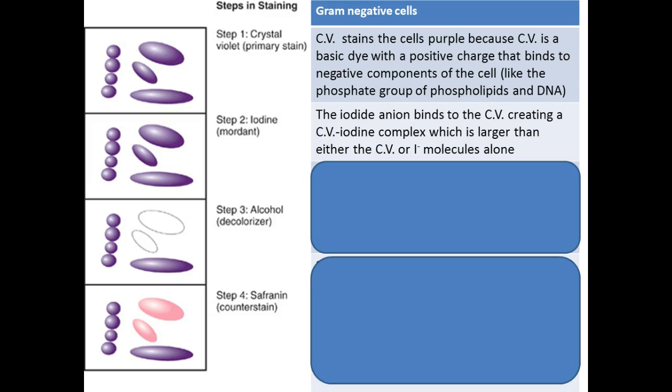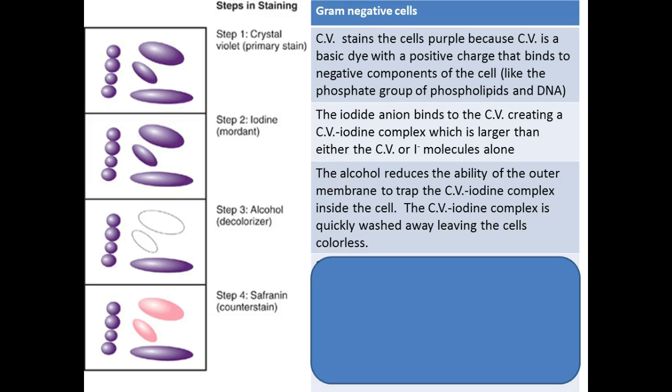Do we decolorize these cells, gram-negatives? Yes, right? And again, what effect does it have? It's going to dissolve that membrane, right? It reduces the ability of the outer membrane to trap in the crystal violet iodine. Again, too thin of a peptidoglycan layer, if there is even one there. It's not enough to trap it in, right? The cells are going to become decolorized.